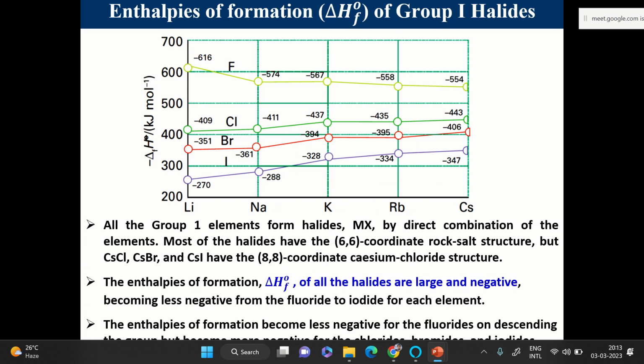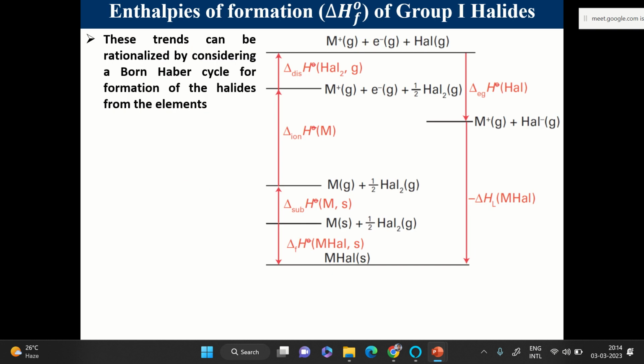Minus 616 to minus 554, it is becoming less negative, and from chloride, bromide, iodide, it is becoming more negative as you move down the group. So we have already seen this trend.